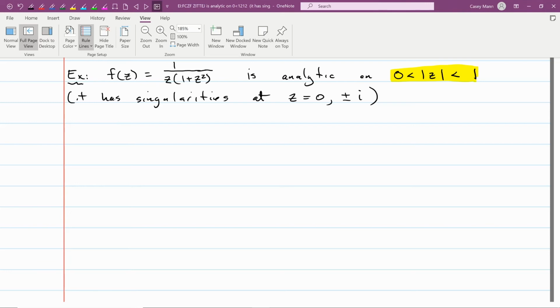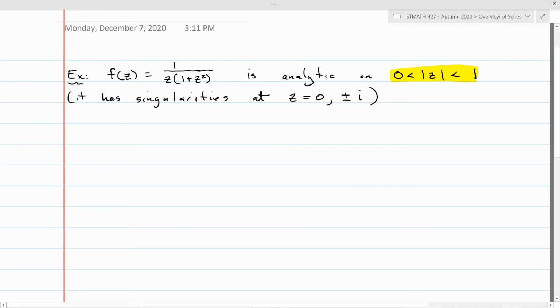And so we want to find that Laurent expansion; that is our goal here. So instead of doing all those integrals to get those coefficients, what I'm going to do is take 1 over z times 1 plus z squared. I can write that as 1 over z times 1 over 1 plus z squared. And for that second fraction, I'm going to use what I know about the geometric series to find a series for it. So this equals 1 over z times, just for emphasis, 1 minus negative z squared.